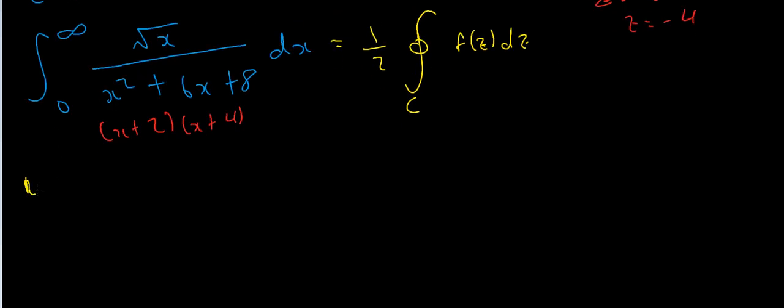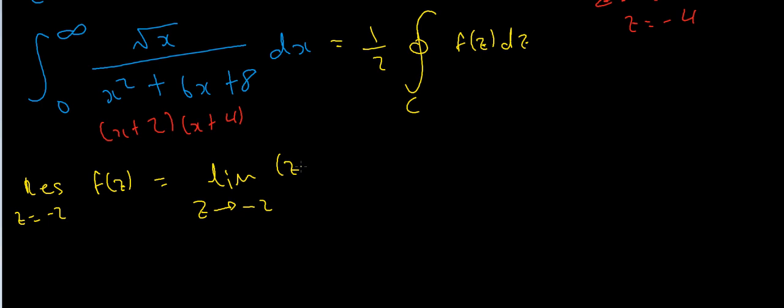The residue of f of z at z equals minus 2, what's that? Well, by definition of the residue, it's a simple pole of order 1, so I don't need to find any derivatives. That's just the limit as z approaches minus 2 of z minus minus 2, which is z plus 2, times f of z, which is root z over z plus 2, z plus 4.